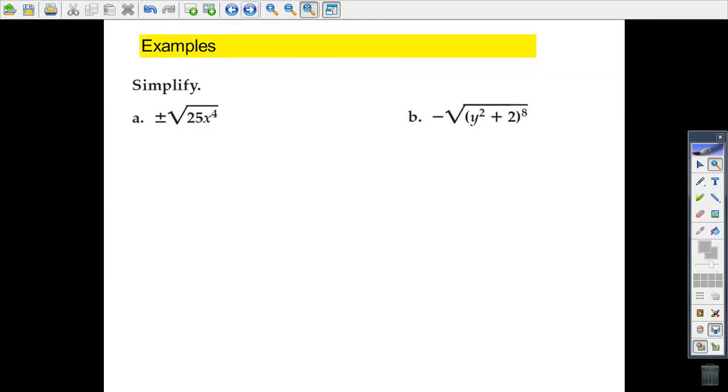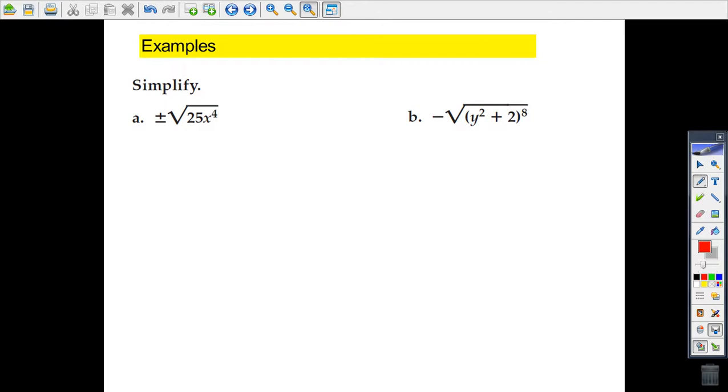Okay, now let's start the fun. Do some examples. So for A, I have a square root sign, a radical, in the problem when I start. So that means if there is any kind of radical stuff, I'm going to have a radical in my answer. Okay. So I have the square root of 25 x to the 4th.